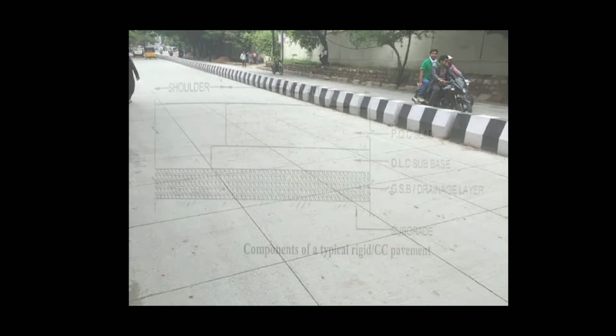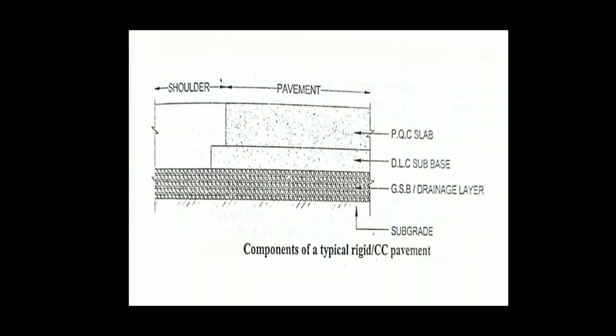In this figure you can clearly observe some of the components of a rigid pavement, which we can also call a CC pavement. The characteristics of this rigid pavement: compacted soil subgrade at the bottom or lowest layer.